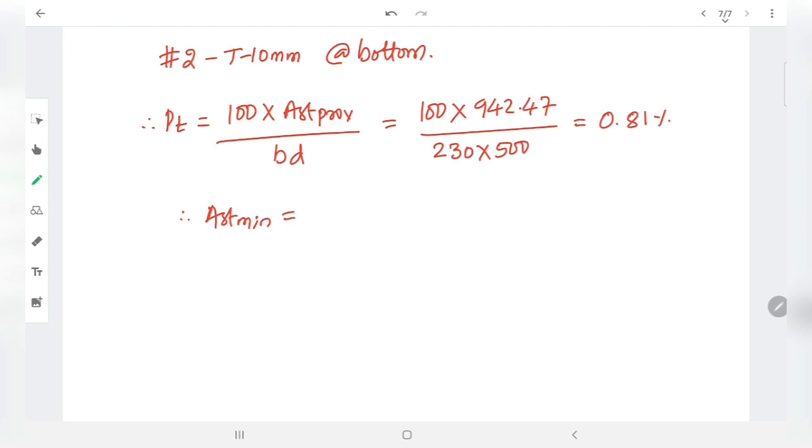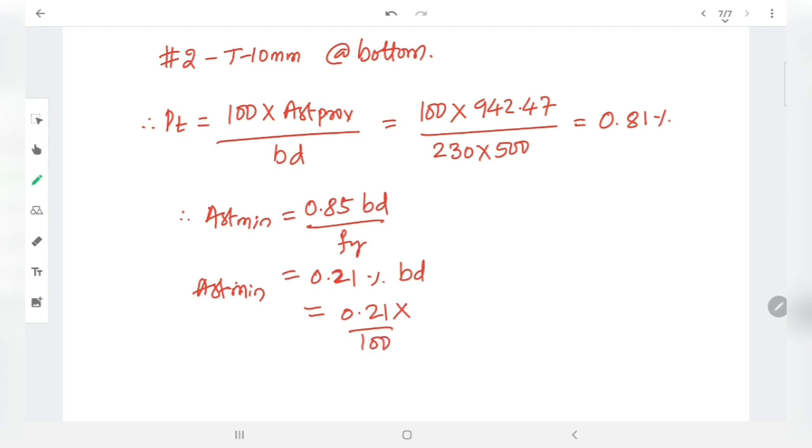Even so, you can also check the minimum percentage of reinforcement, that is AST minimum. The equation is AST minimum equal to 0.85 BD divided by Fy. For Fe415 steel, AST minimum is 0.21% of BD. It is equal to 0.21 into B is 230, D is 500.